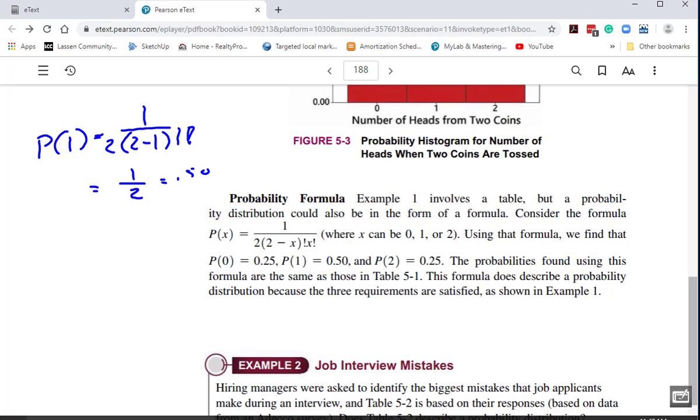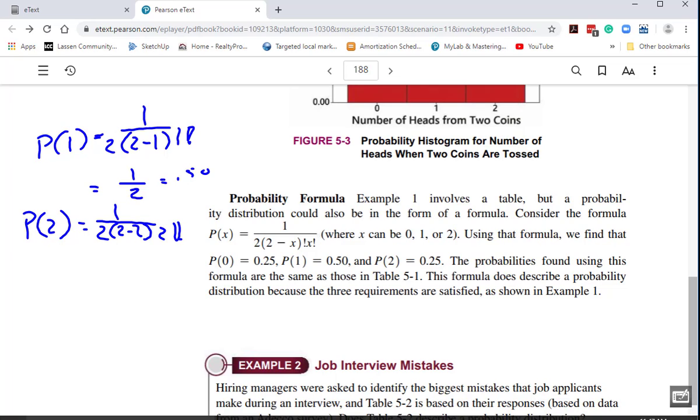And of course, with 2 heads, we should get back down to 0.25. So let's try the probability of 2. So here I have 1, right? And then I have 2, and then I have 2 minus 2, right? And then I have 2 factorial.